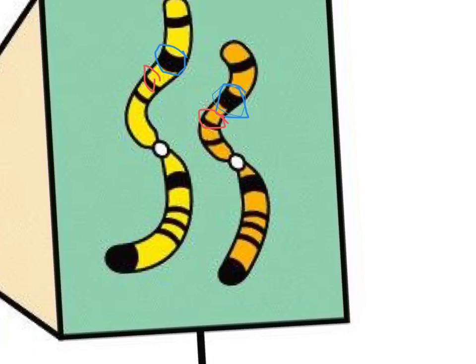Now, we've got 22 identical pairs, and then we have a pair of chromosomes that are either an X or a Y. If you're female, you're XX. If you're male, you're XY.